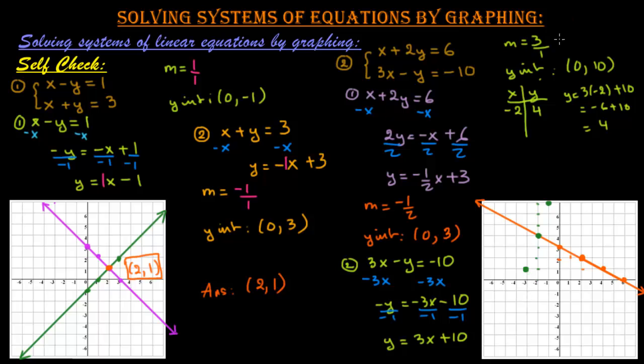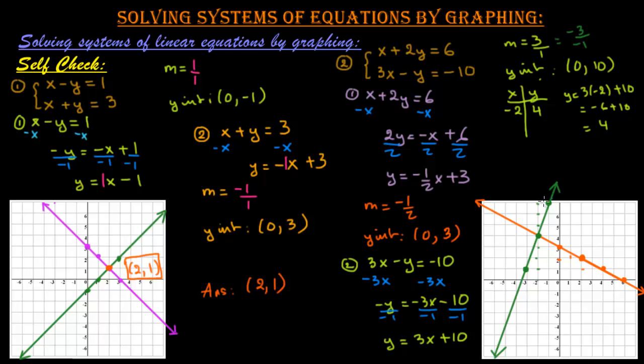Basically, that's the way I'm thinking. We have -3 over -1. Negative over negative is basically equal to 3/1. So it's okay to go down 3 and go over left 1. Then we connect the 3 dots together. So here is the line of the equation, like this.